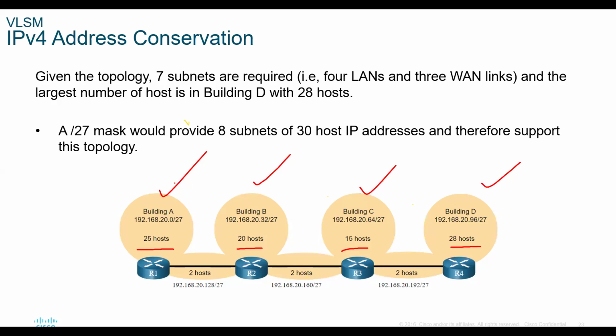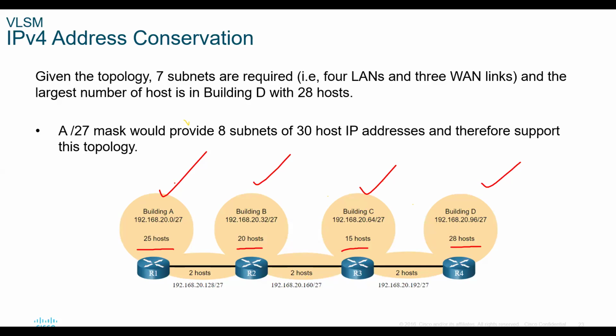Right? So why then do we use VLSM? VLSM helps make better use of IP addresses by allocating subnet masks based on the size of each subnet requirement, like we've seen there, 28, 27, 25. This is particularly useful when different subnets need different numbers of IP addresses.